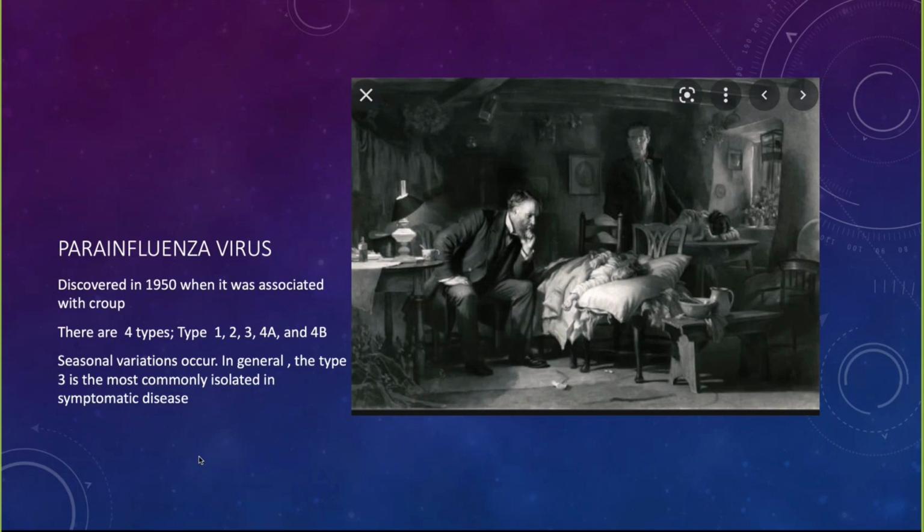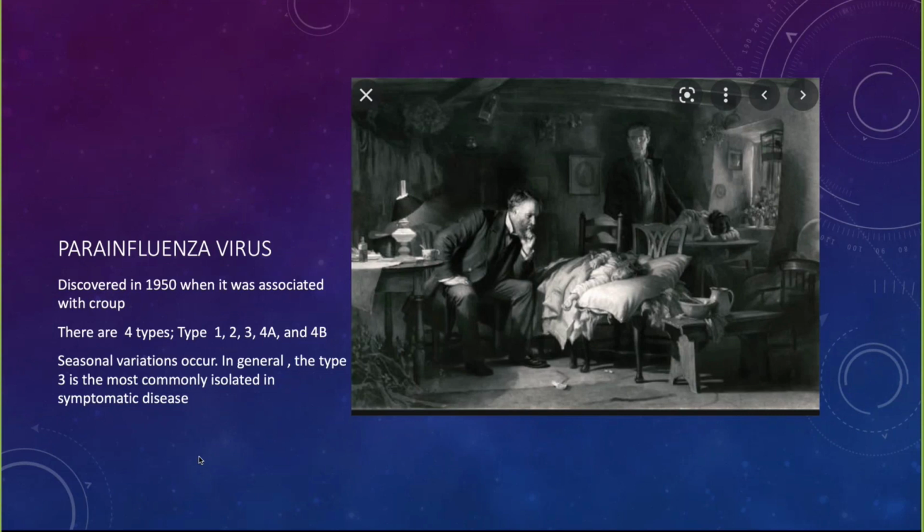So let's start with parainfluenza. It was interesting that parainfluenza was discovered in 1950 when doctors started seeing a lot of kids with hacking cough and croup-like symptoms. Eventually, further studies discovered that the virus was parainfluenza. There are 4 types of parainfluenza viruses.